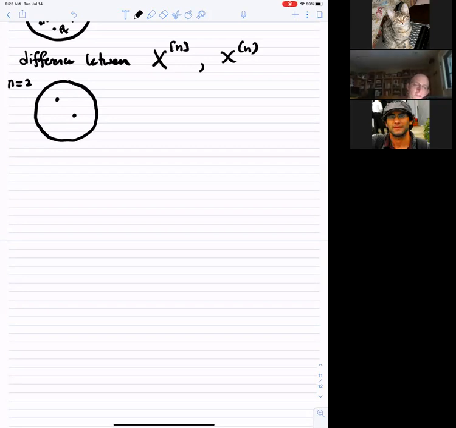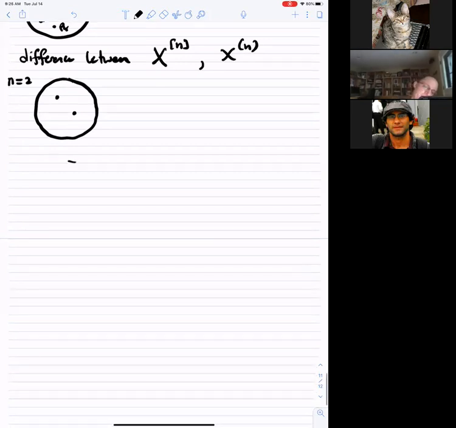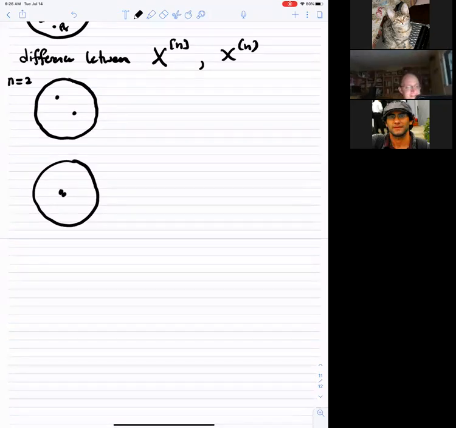If the 2 points collide, let me just draw it like this. In the symmetric product, there's no confusion. You just call it 2 times the point, right? But in the Hilbert scheme, there is more structure. So let's think about what we can do.